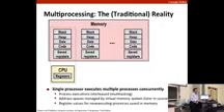Now it looks like you have exclusive access to the system, but in reality, suppose we have a single core, you're actually sharing the system, and the operating system is managing that sharing.